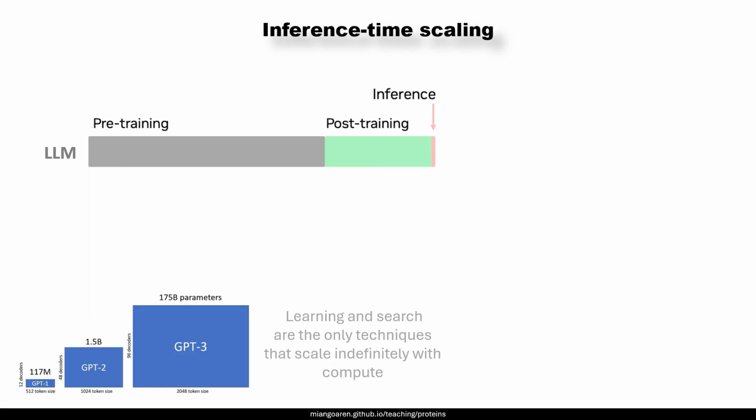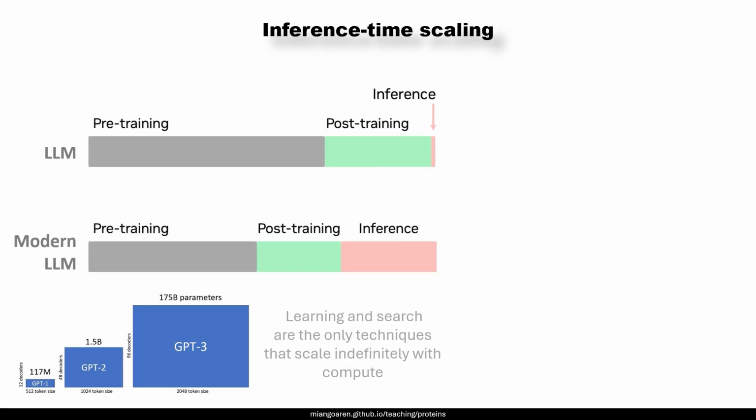But now we believe that we have another branch in which we can invest our resources to improve this type of algorithms, which is the search, or in other words, the inference of what would be an answer to a particular question. This is the phase where modern language models have now dedicated a large part of the computing capacity to improve the capabilities of the models.